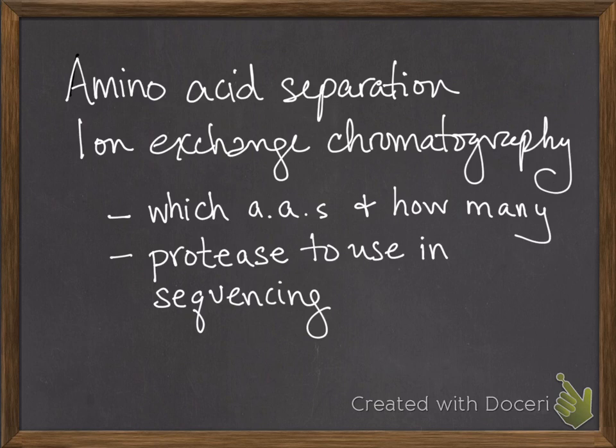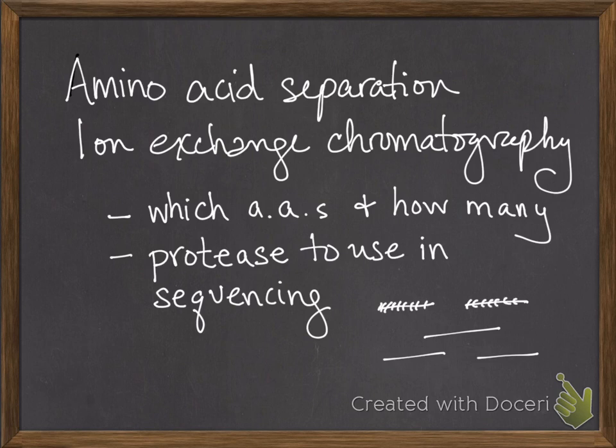And if you find that you don't have a particular amino acid in your protein, or maybe you just don't have very many of them, it wouldn't be a good choice to use a protease that cuts specifically at that amino acid that's not very prevalent. Remember, in sequencing, you want to fragment your protein into small pieces that you could sequence individually, and then you examine the overlap.